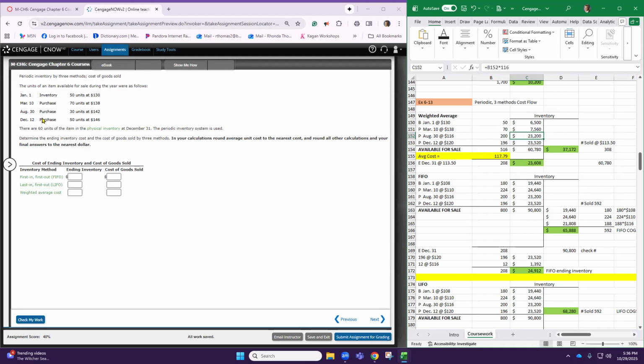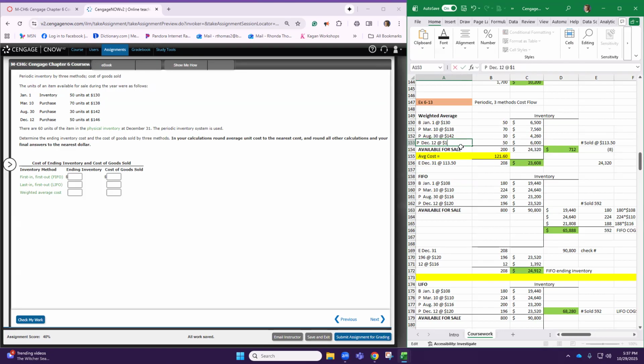Then the purchase on the 30th was 30 units. So we're going to change this to 30 units at a cost of $142. And then the last one on December 12th is 50 units at $146.